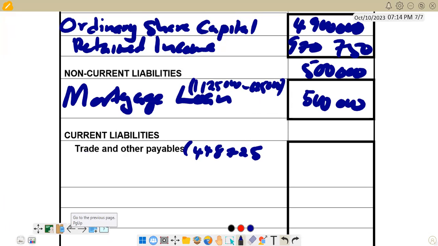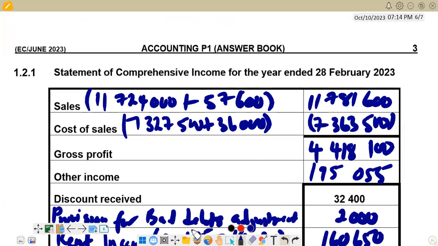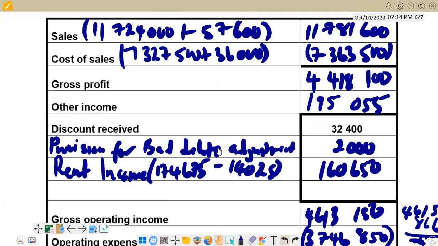And then we try to find other payables like accruals for expenses, and then prepayments for income. So remember, we've got a prepayment for income that we subtracted there for rent income, 14,025. It's a prepayment for income. So when an income has got a prepayment, it's a current liability. It's opposite to an expense. When we have a prepayment for an expense, it's a current asset.